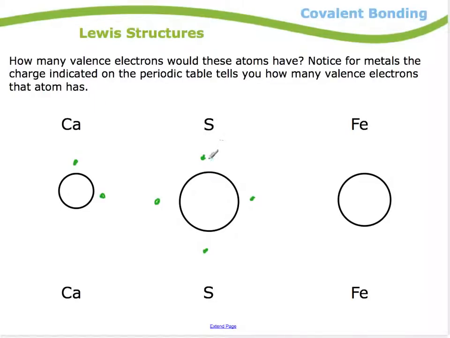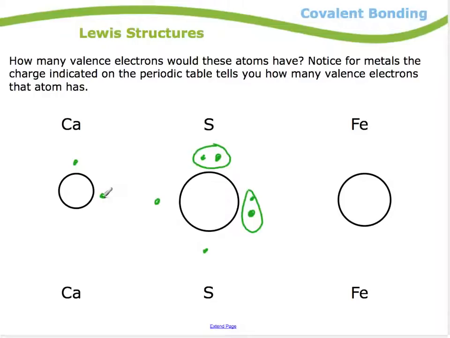Sulfur has 6, so I've got 4 so far, so I'll add 1 more there, and instead of adding another one here, I'll add another one here. You can think of it as each side gets 2, then it's full. So here sulfur has 2 electrons that it's lacking. To get 8, it'd be nice to have another electron there, another electron there.